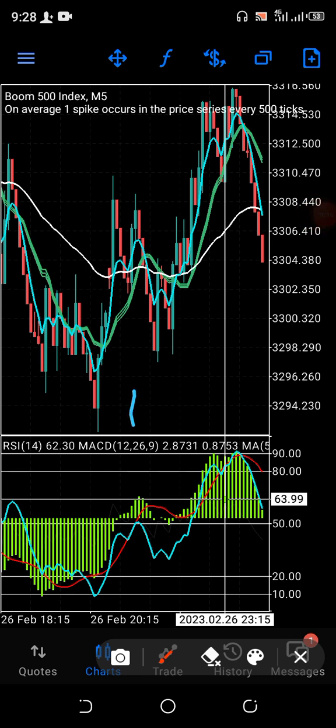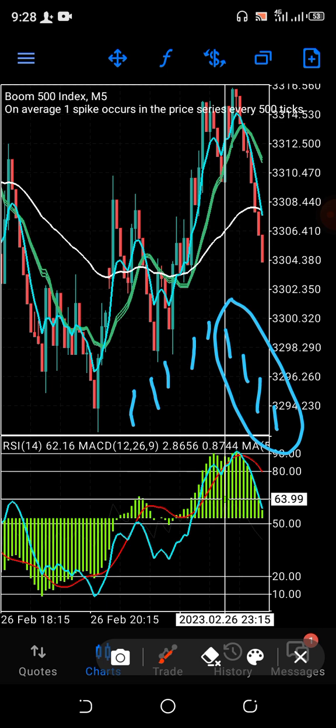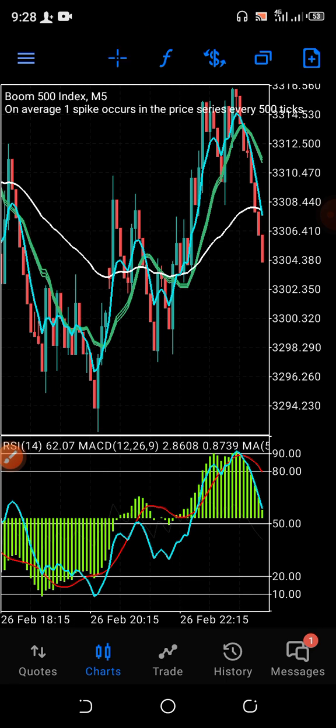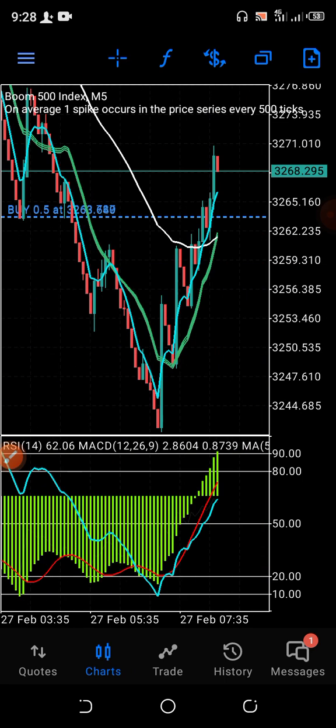If the market is getting like this, that means it's dropping. But if it starts getting shorter like this, that means it's coming up. This is a sign that the sellers are coming up, but this is a sign that the market is going down. So follow these very simple tricks. It's going to help you a lot to come out successfully in your trading career.